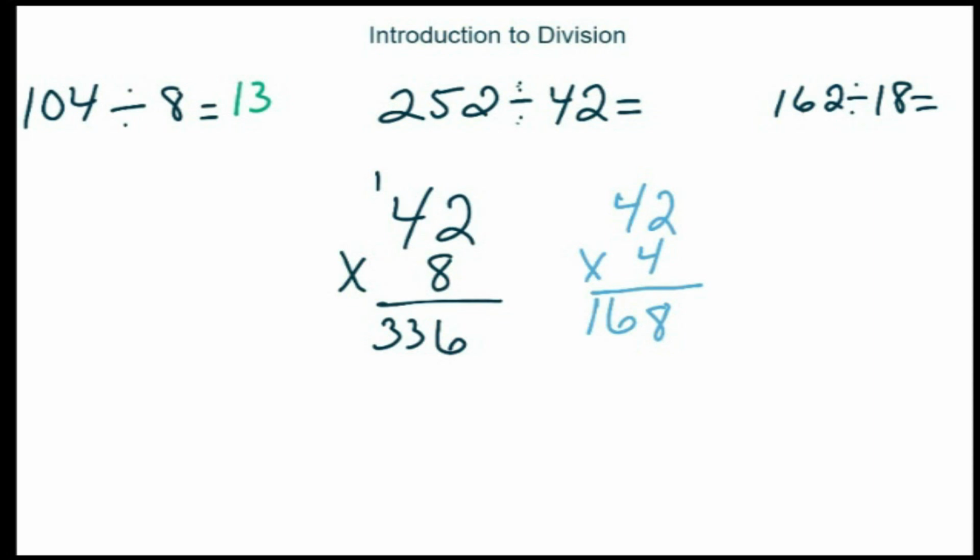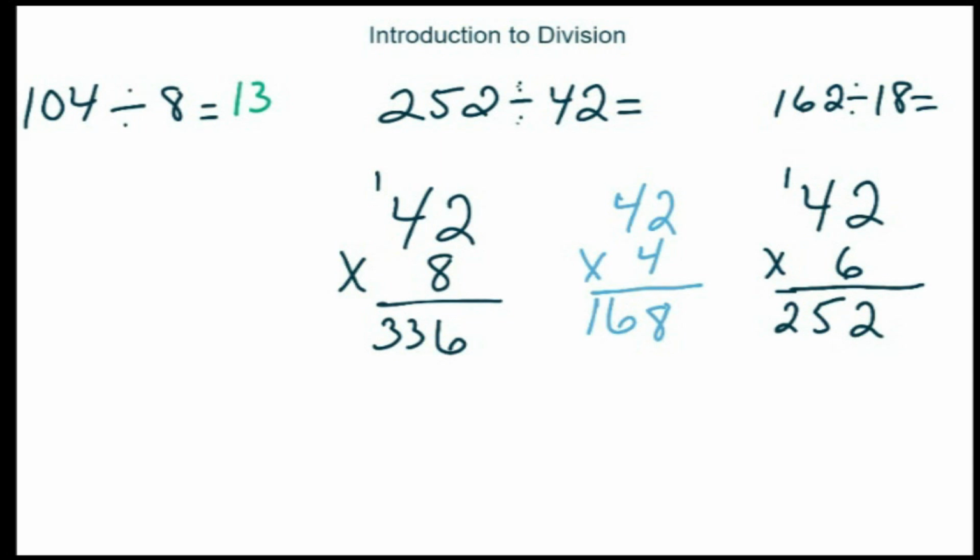So let's try the number 6. If we multiply 42 by 6, let's see what we get. Maybe we'll get 252 as an answer. Okay, so 42 times 6 is 252.